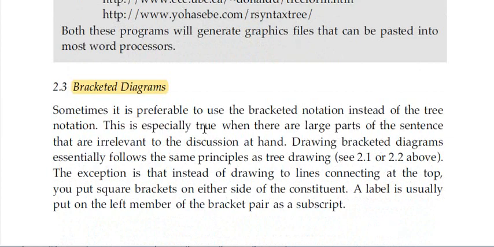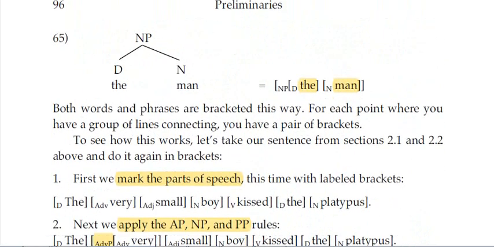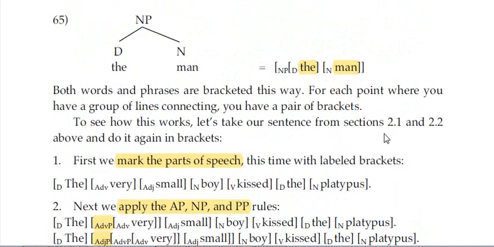Ada satu lagi namanya bracketed diagrams yang look a bit complicated ya. Misalnya di sini. Jadi if we divide it into diagram, bracketed diagram, misalnya noun phrase, determiner, and noun. So we have this here noun phrase. Okay, the man, ada satu bracket, kemudian di dalamnya ada bracket lagi, the, okay, bracket, determiner, man, bracket, noun.